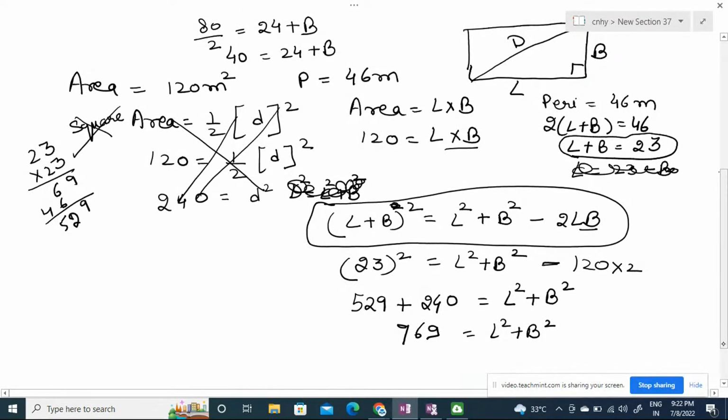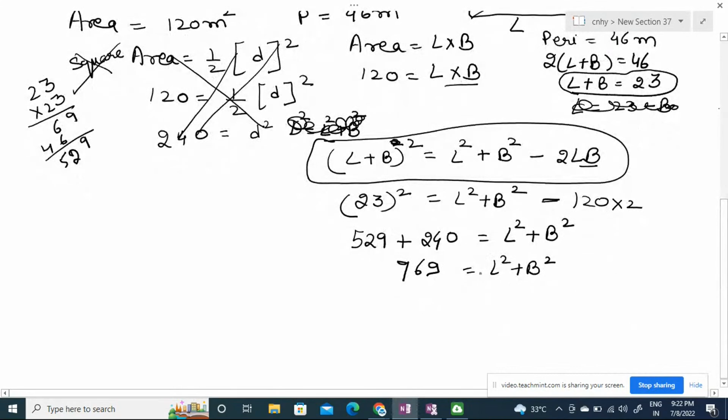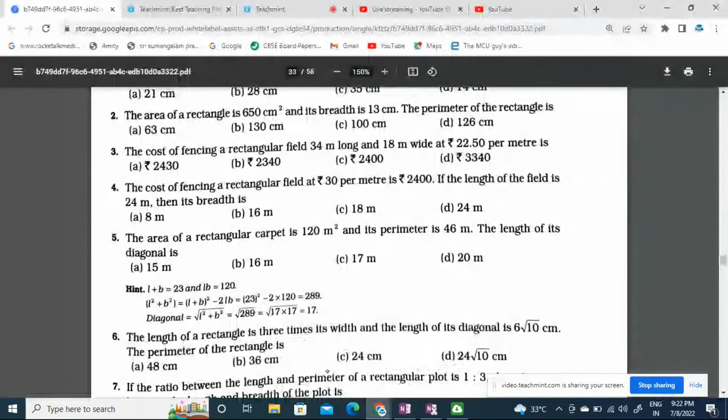These are out of syllabus formulas. Now, there's a Pythagoras theorem relationship: L square plus B square is equal to diagonal square. The diagonal square is equal to 289.